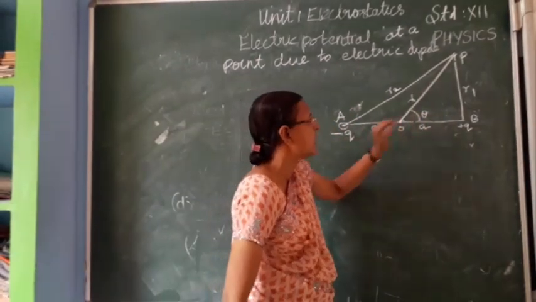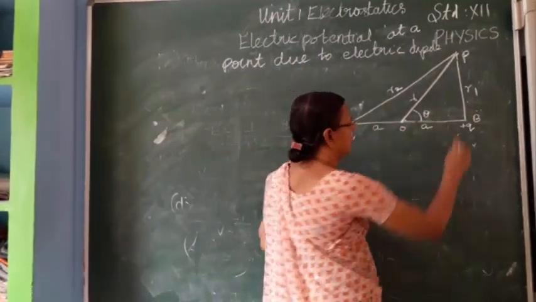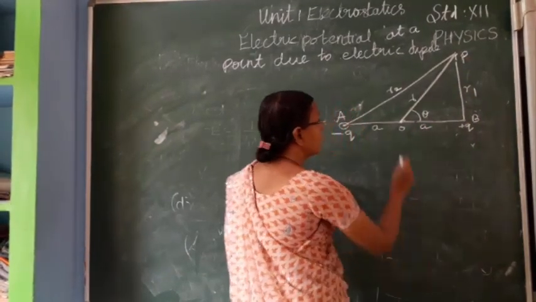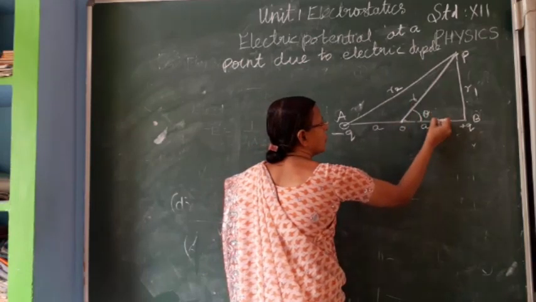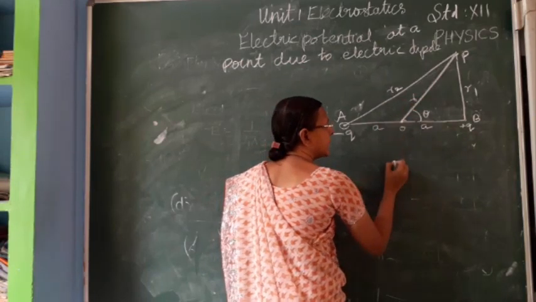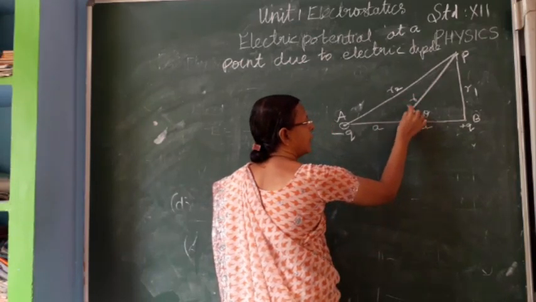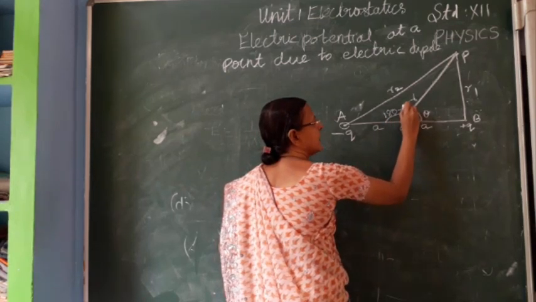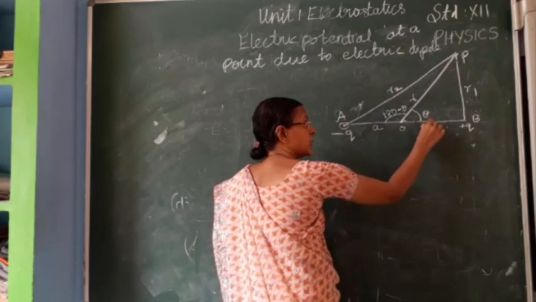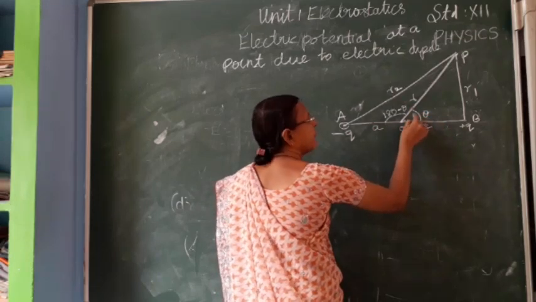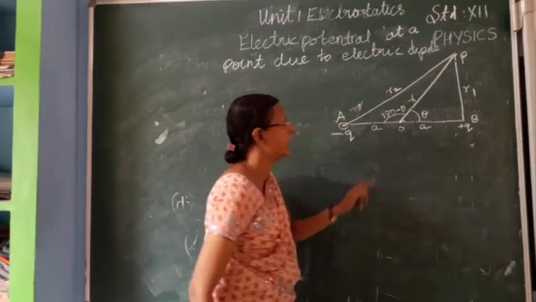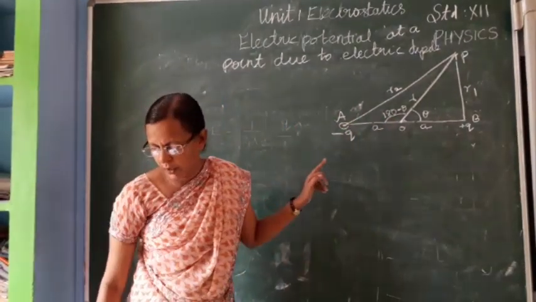Okay, this angle is theta. So angle BOP is theta. So the remaining, the total angle we can take as 180, so 180 minus theta only remaining. Totally 180, you have to subtract this theta. So that is the remaining, 180 minus theta.